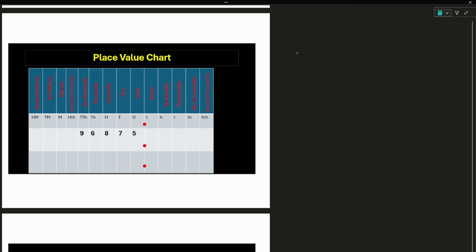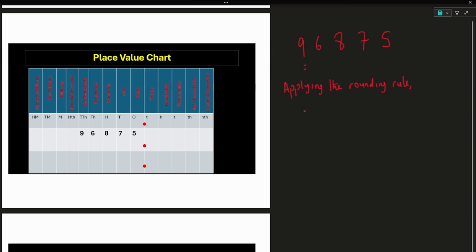In the number 96,875, the digit in the 10,000 place from the place value chart is the digit 9, and this is the digit that we'll be rounding depending on the value of the digit immediately to the right, which is the number 6.